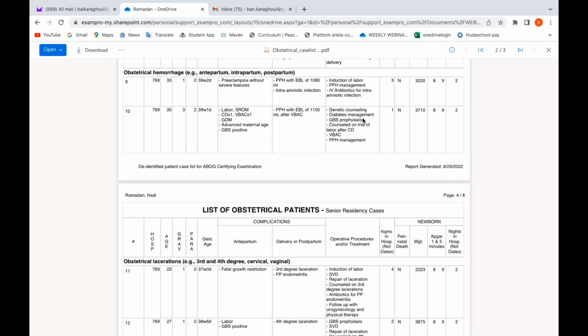We monitor their sugars over the next few hours. Once they're below 250, I think we start D5 half saline, and we keep titrating their insulin until their glucose is normal. But I believe we do give about 3 liters of saline at first, and then 1 liter of saline after that.